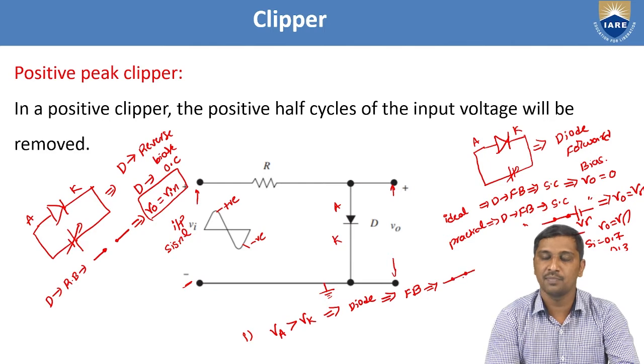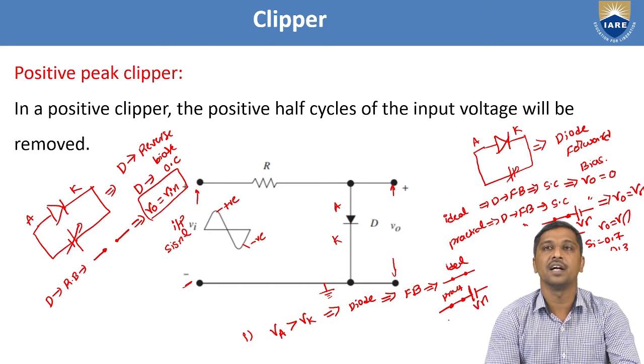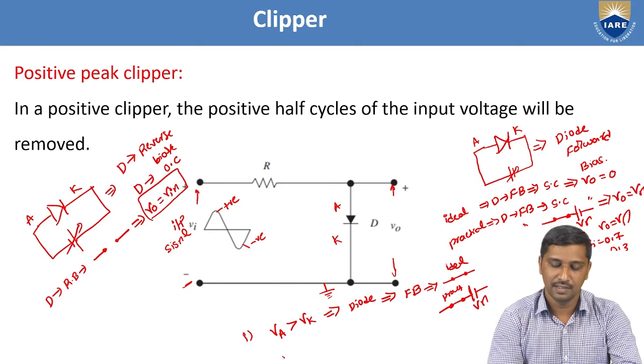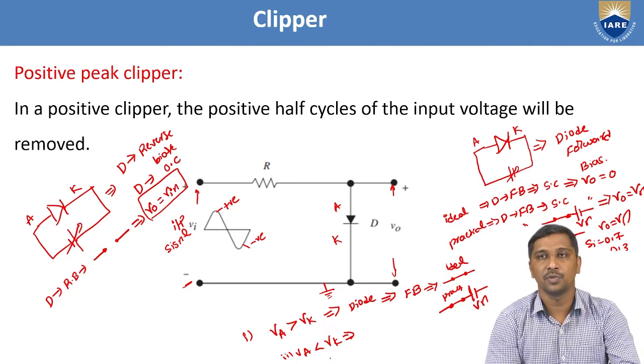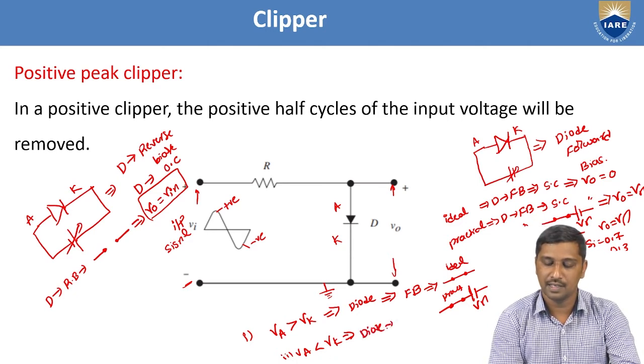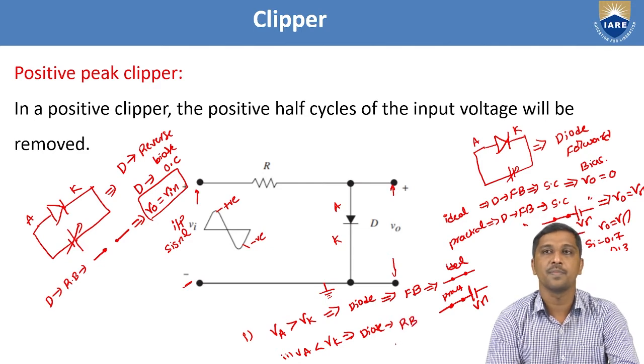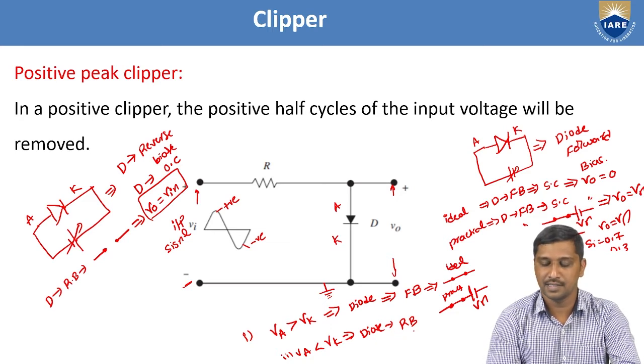If it is ideal, it is simply replaced with a short circuit. If it is practical, it is replaced with a short circuit along with the cut-in voltage V gamma. Similarly, if VA is less than VK, meaning the anode voltage is less than the cathode voltage, the diode acts as reverse biased, hence it is replaced with an open circuit.